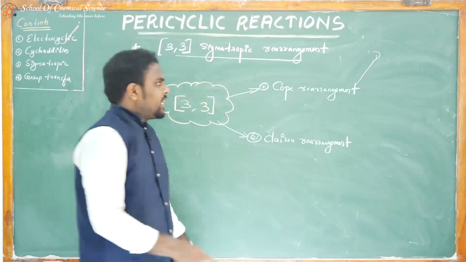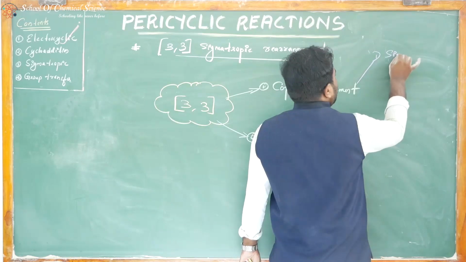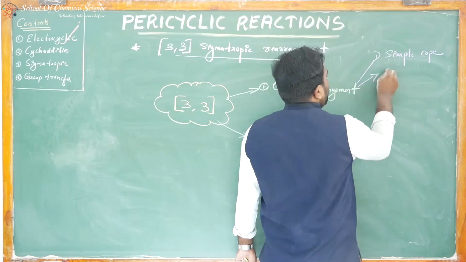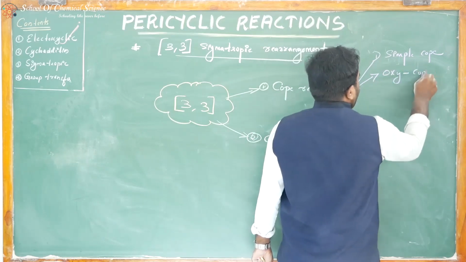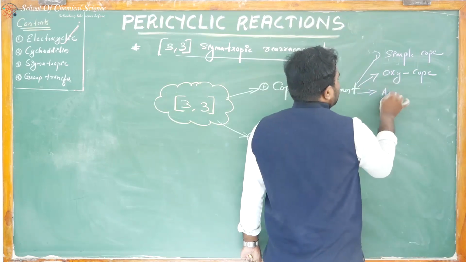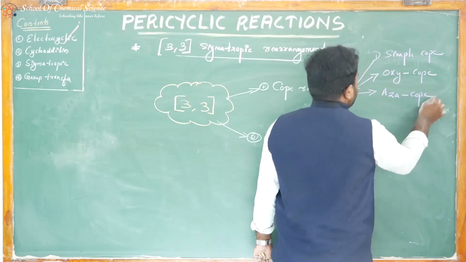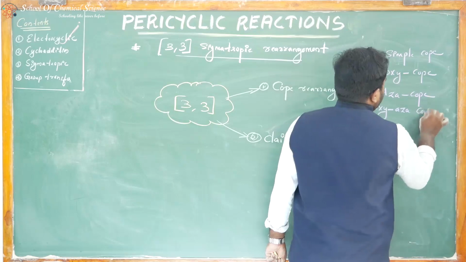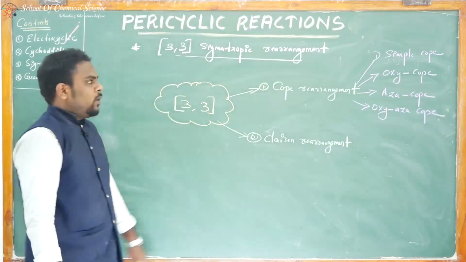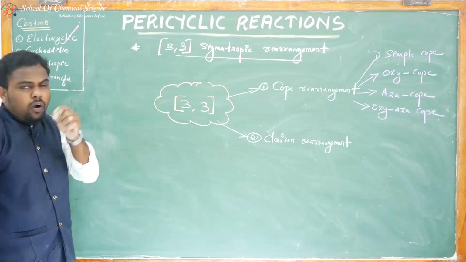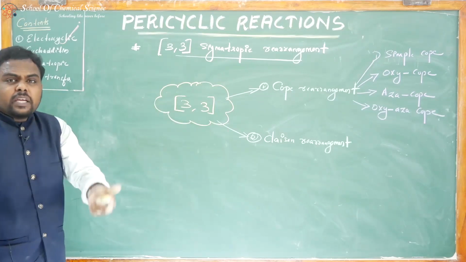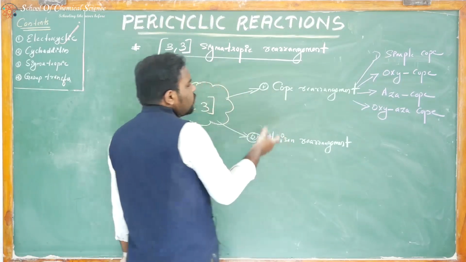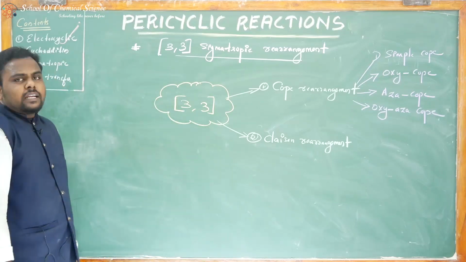First one, simple Cope. Second one, oxy-Cope. Third one, aza-Cope, and fourth one, oxy-aza-Cope. So 4 types of Cope rearrangement. All these are 3,3 sigmatropic rearrangements. That is the importance of the 3,3 sigmatropic rearrangement in pericyclic reactions, and it is important for your exam.